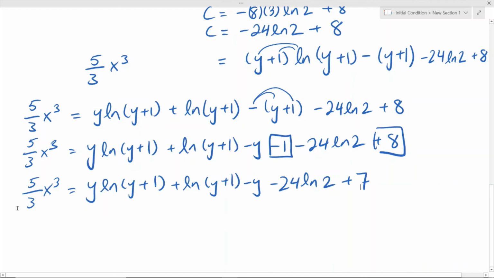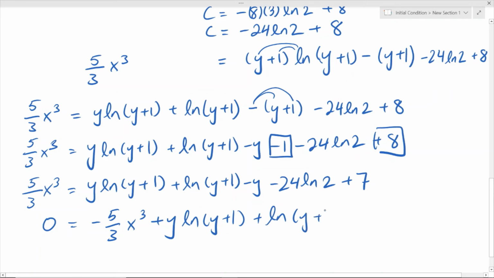And then I'm going to move everything to this side, so I'm going to move this term to this side, so it's going to be 0 here, and negative 5 over 3 x cubed plus y ln y plus 1 plus ln y plus 1 minus y minus 24 ln 2 plus 7. And I like to put my 0 on the right side, it looks better.